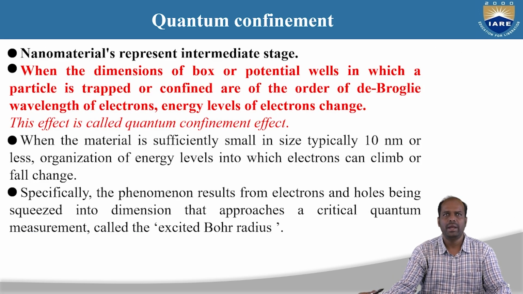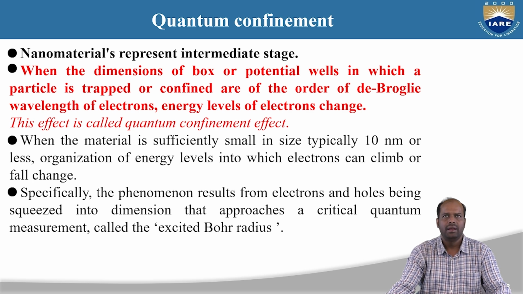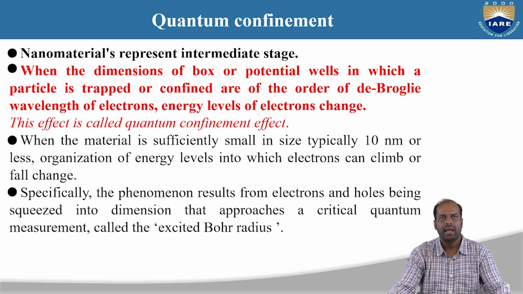So quantum confinement with nanomaterials represents an intermediate stage when the dimension of a box or potential well in which a particle is trapped or confined is of the order of the de Broglie wavelength of electrons.